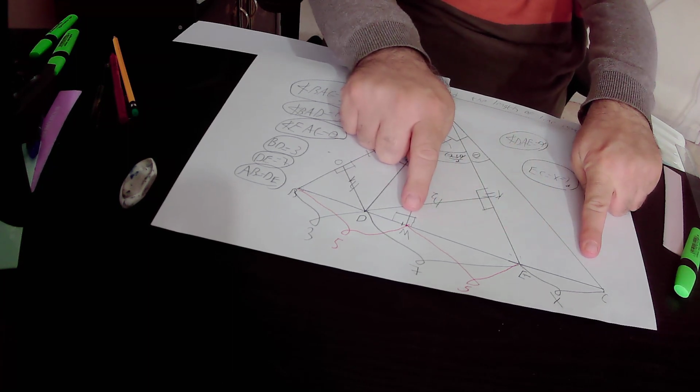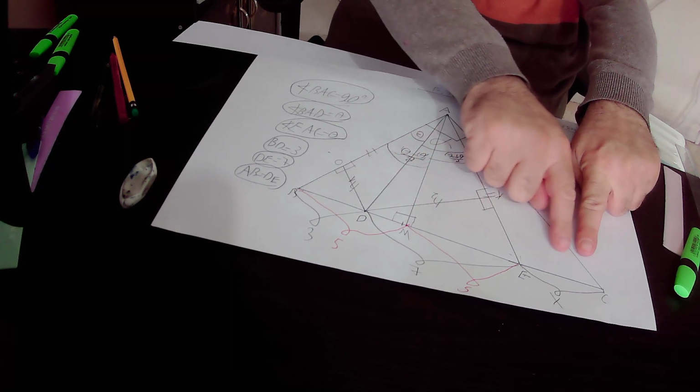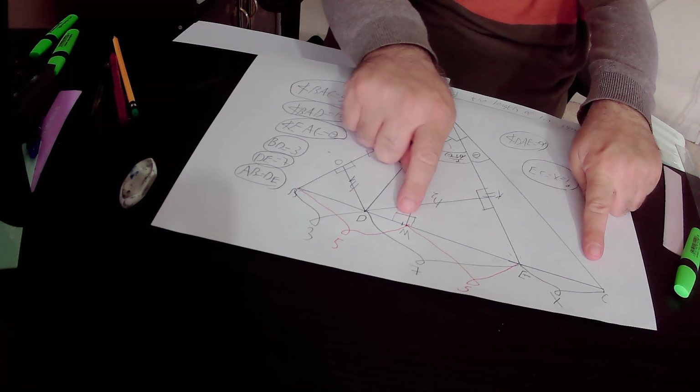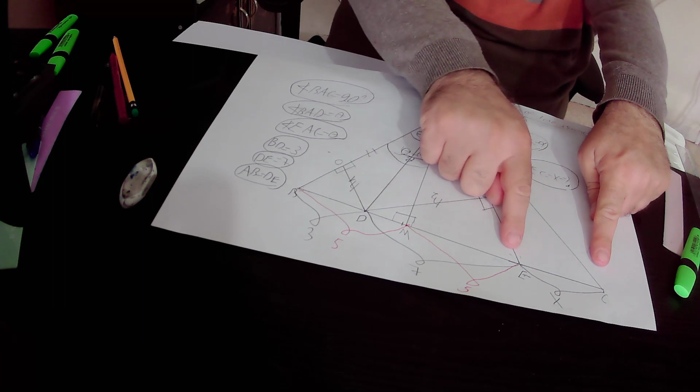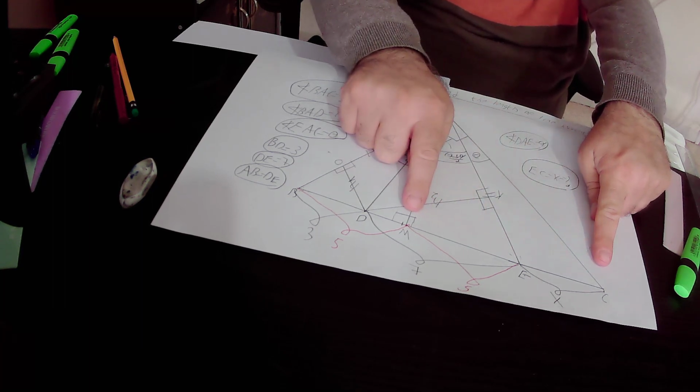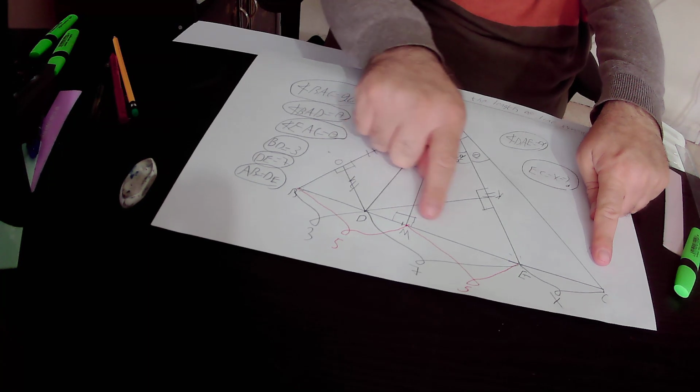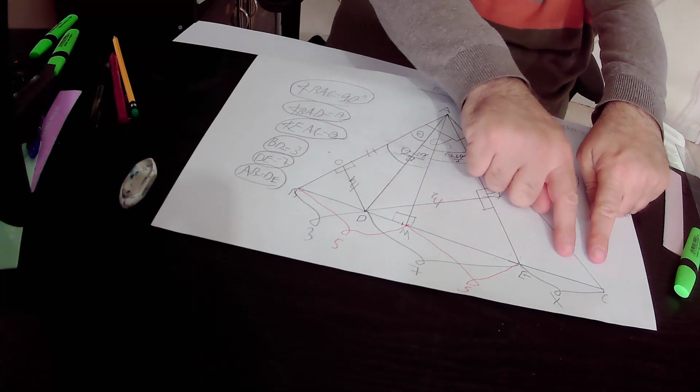It is very easy to see that MC equals ME plus EC. That is to say, MC equals ME, that is 5 units, plus EC, that is x.